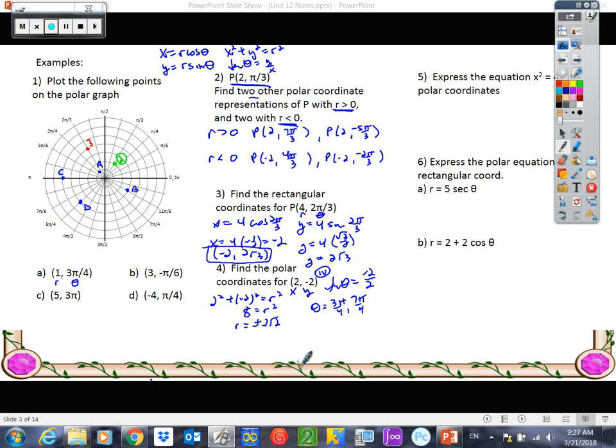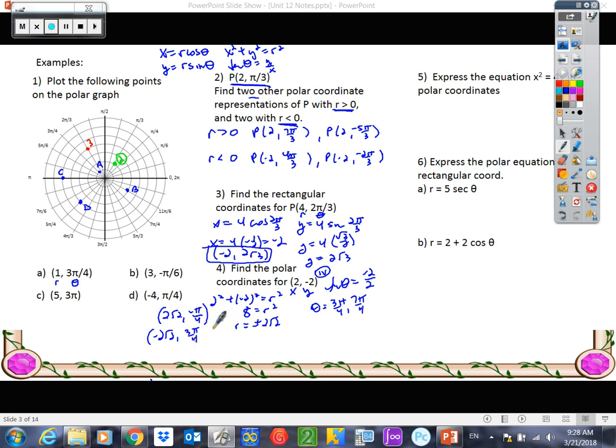So I came up with 2 different options. Of course, there's an infinite number of that location. So I came up with 2 root 2, negative pi over 4. That allows me to use a positive r, or negative 2 root 2, 3 pi over 4.